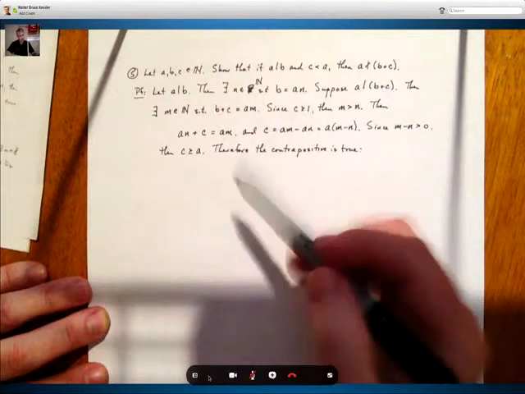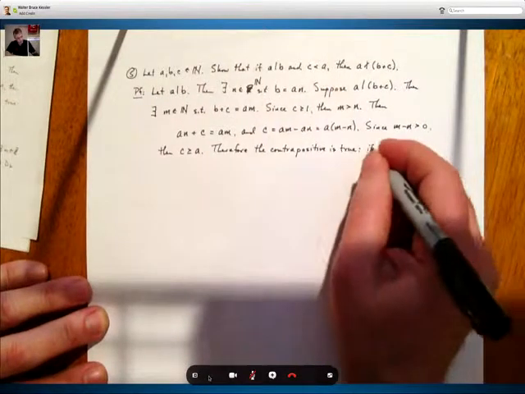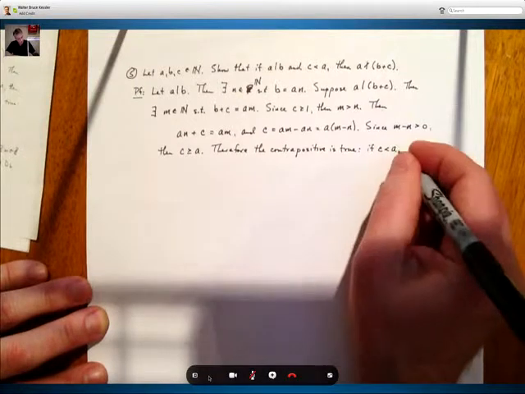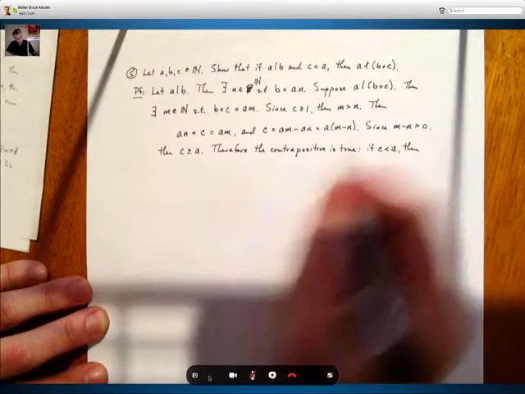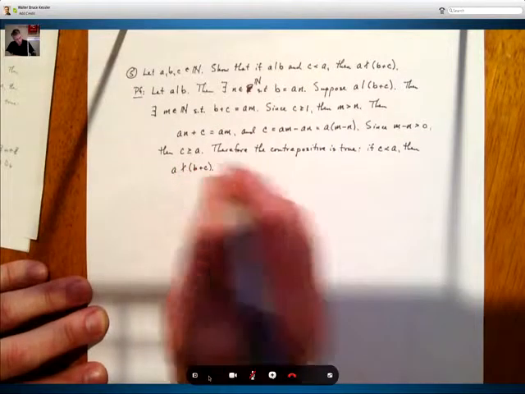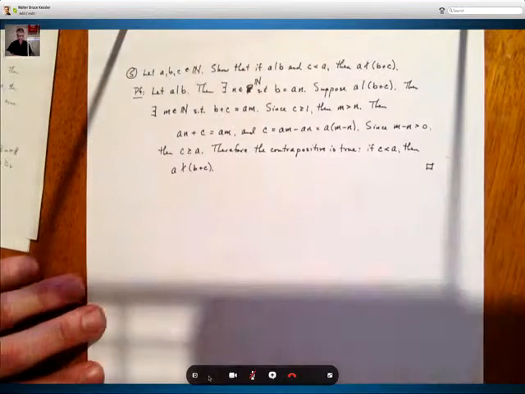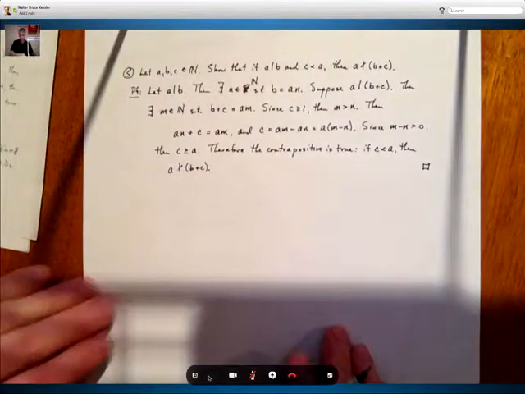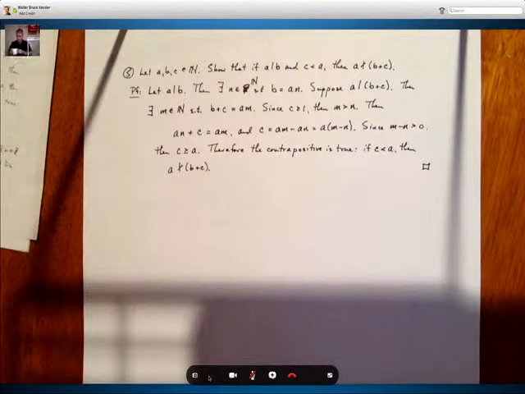I'm sorry, if this doesn't happen, this doesn't happen. So the contrapositive is true. If C is less than A, then A does not divide B plus C. There you go. Okay, just a different way of going about it.